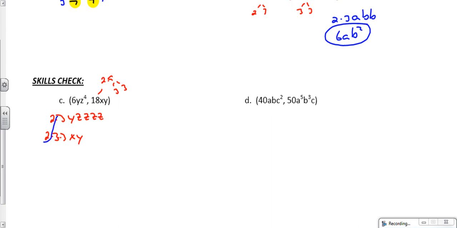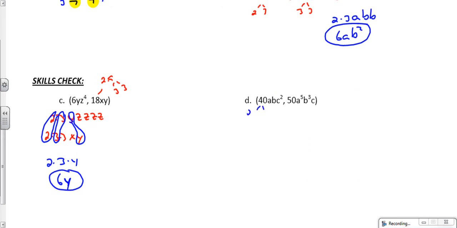They both have a 2, they both have 1 3, they both don't have an X, they both do have a Y, and they both do not have Z's. So our greatest common factor would be 2, a 3, and a Y, or 6Y.